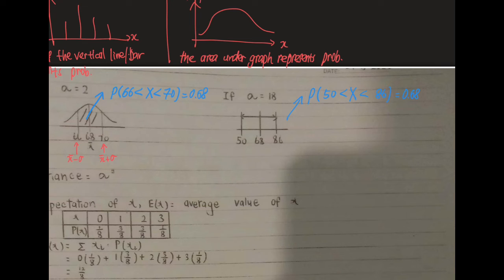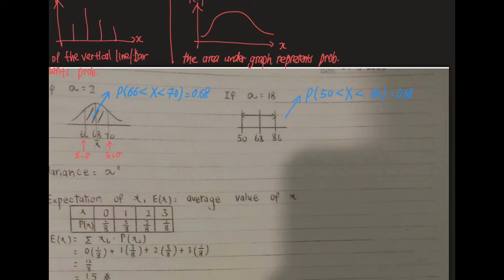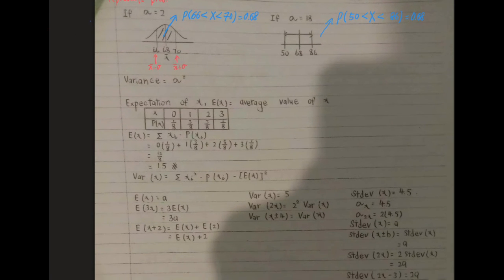Okay, so variance. Let's see variance. Variance is sigma squared. That means you take the standard deviation, you square it, then you get variance. So standard deviation squared, that is the first thing that you need to know.